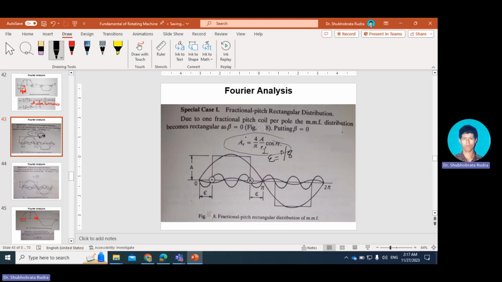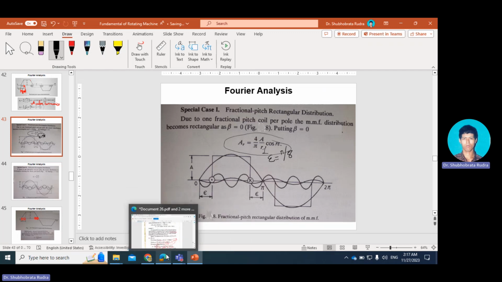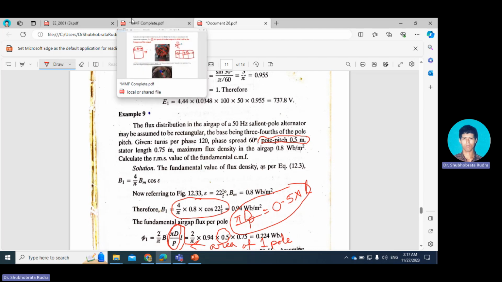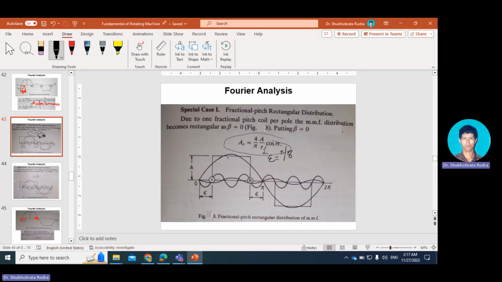So that gives you the fundamental MMF. If you multiply it with mu, you will get B. But that's not my major concern. The same formula, and here everything is in terms of flux. Since I'm discussing this topic, let me tell you, this Bm indicates this much.